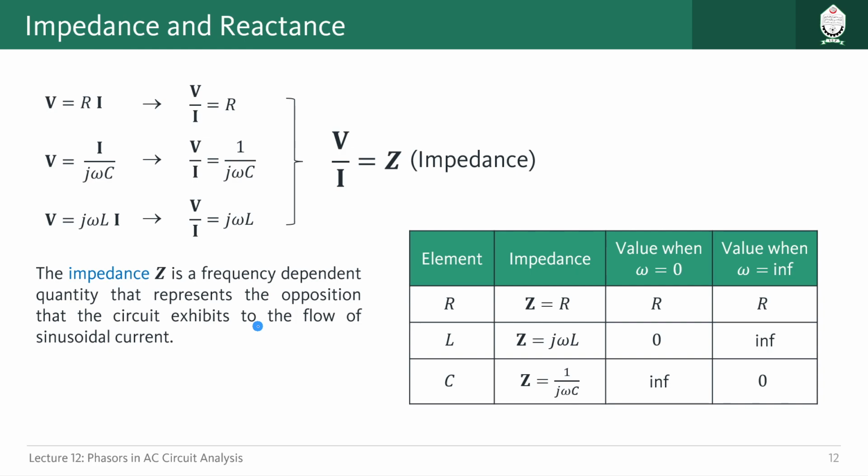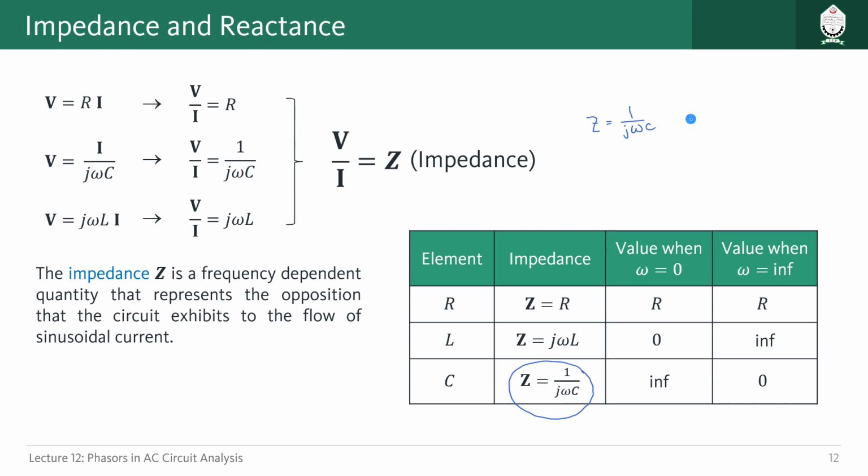For R, L and C, we have different values of impedance here, and only for the resistor the value of impedance is real. For inductor and capacitor the value is imaginary, right? Another thing to note for impedance of capacitor is that it is written like this: Z is equal to 1 divided by j omega c.